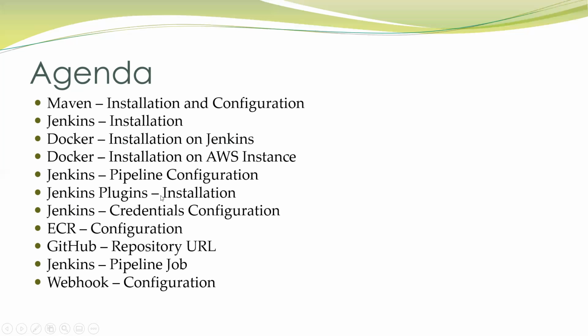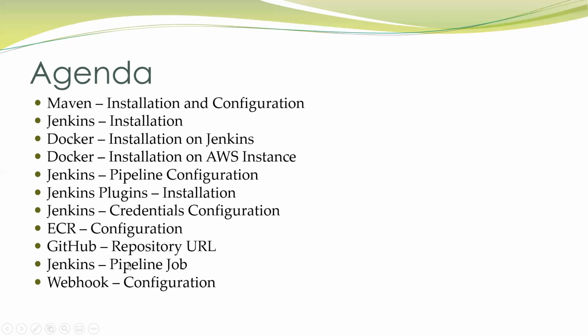After that, we will configure some credentials for Jenkins, and then configure some things for ECR, Elastic Container Registry, in the AWS console, and we will use the GitHub URL for the CICD pipeline.